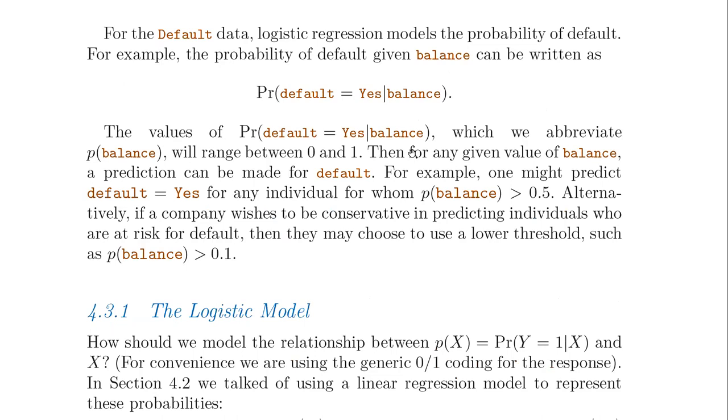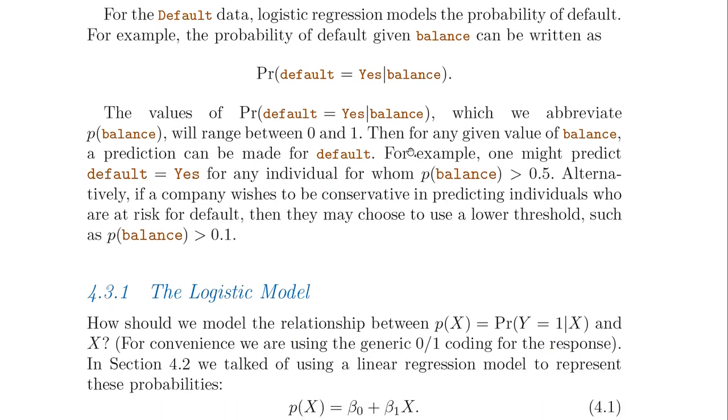For the default data, the logistic regression models the probability of default. For example, the probability of default given a specific balance can be written as probability default equals yes given the balance.